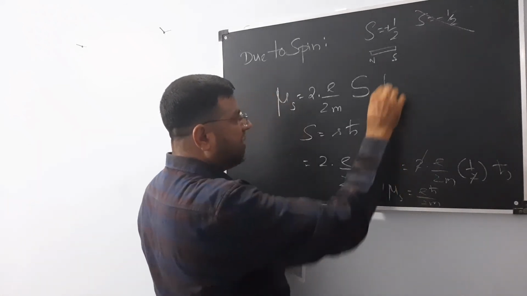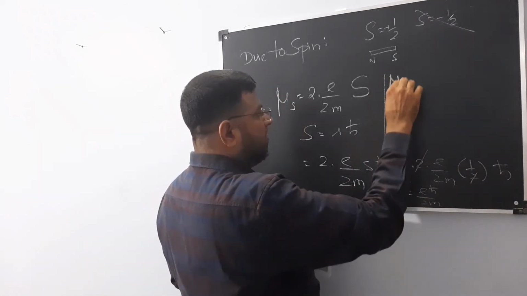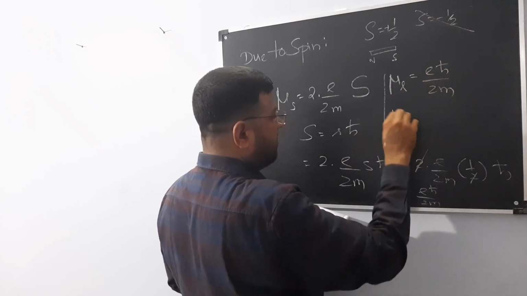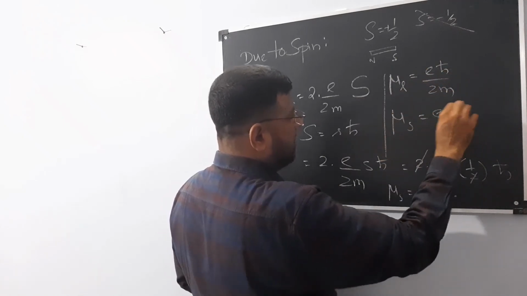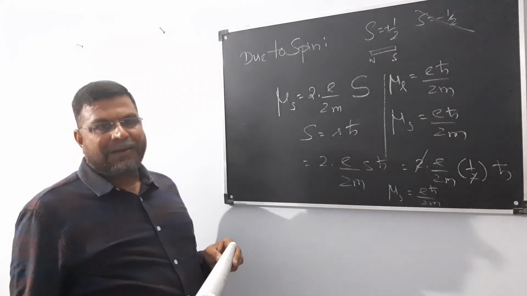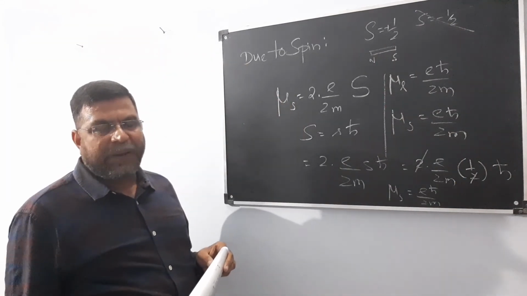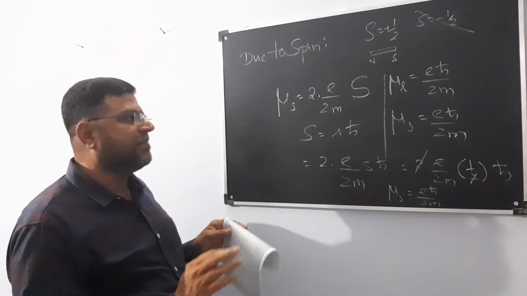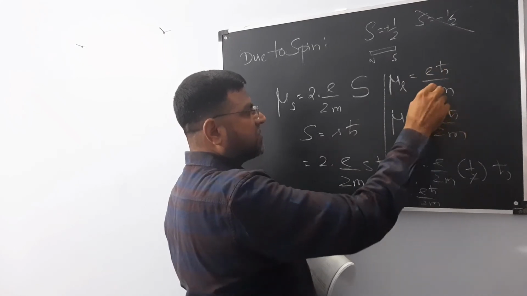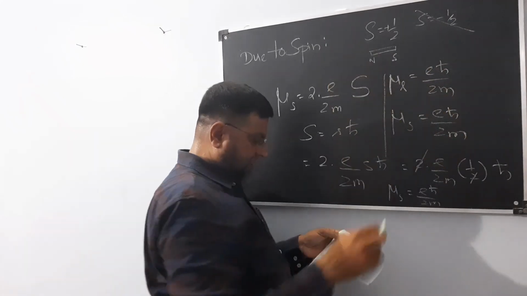So from this you have to conclude that mu L is equal to e h cross by 2m and mu S is also equal to e h cross by 2m. So the orbital magnetic moment and the spin magnetic moment are the same because they possess the same value, e h cross by 2m.